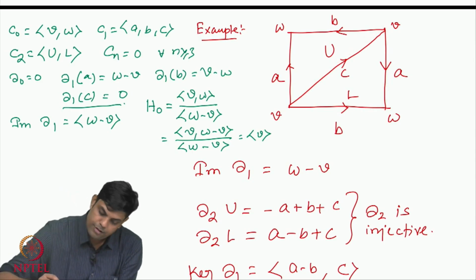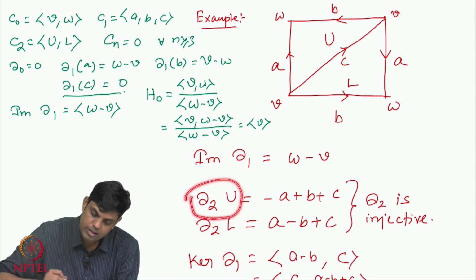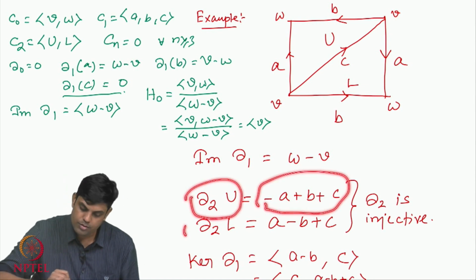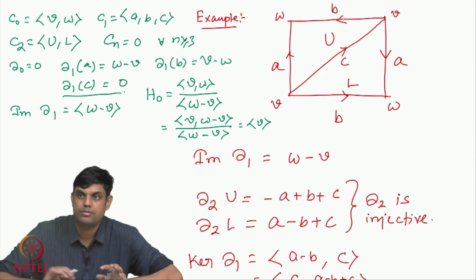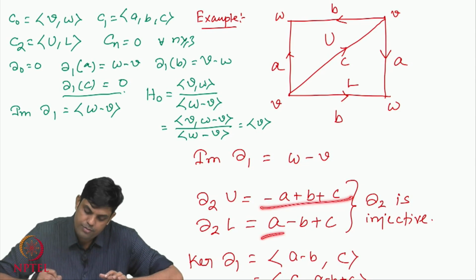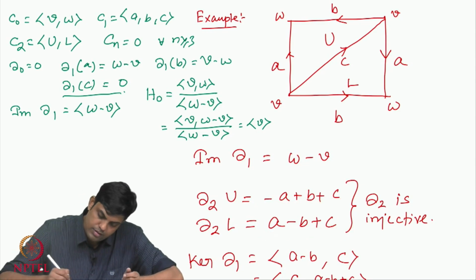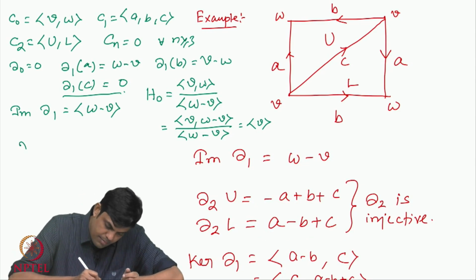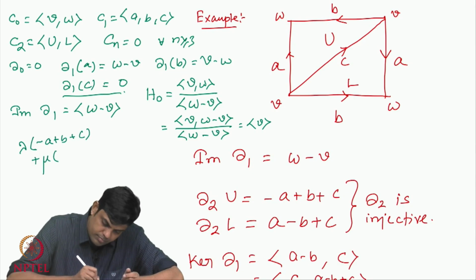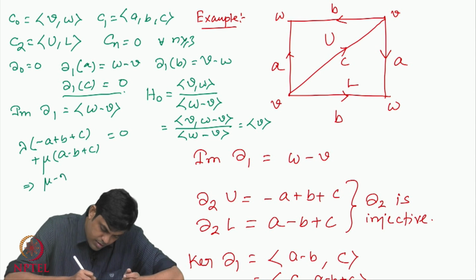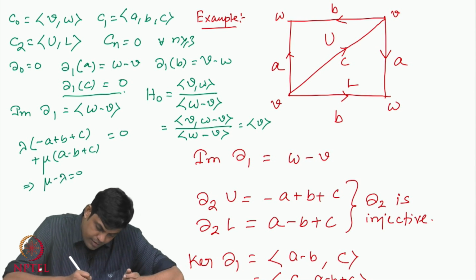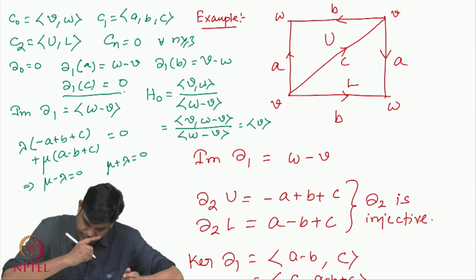Okay. So therefore delta 2 of U gives me something non-trivial and delta 2 of L also gives me something non-trivial, and these two are not related to each other, they are not reversals of each other. Okay. These are completely different objects. So if you look at, let us say, lambda into minus A plus B plus C plus mu into A minus B plus C, if this is 0, this will tell you that first of all mu minus lambda equal to 0, so mu equal to lambda, and then it will tell you mu plus lambda is equal to 0.